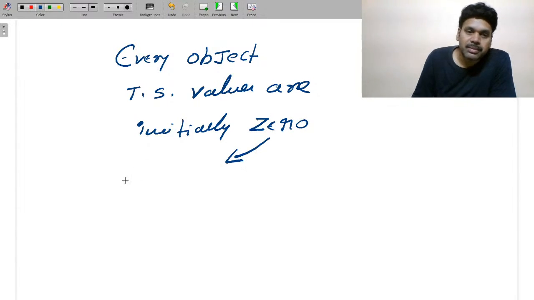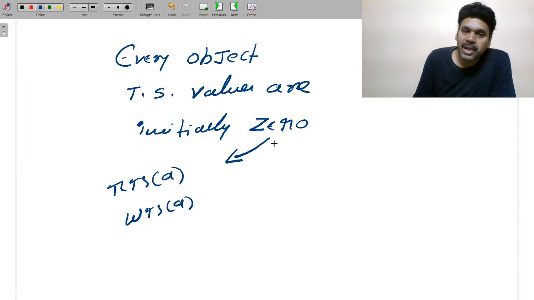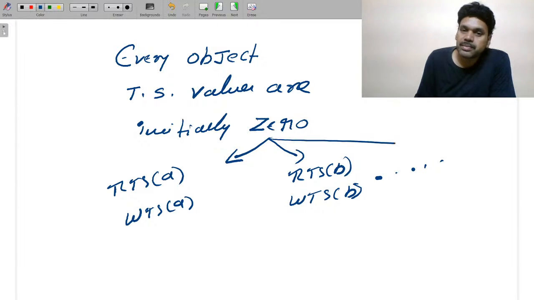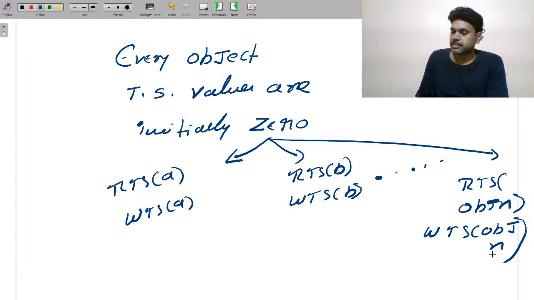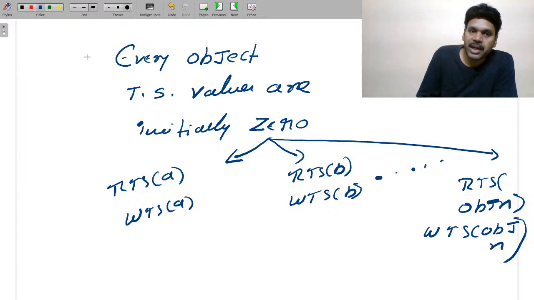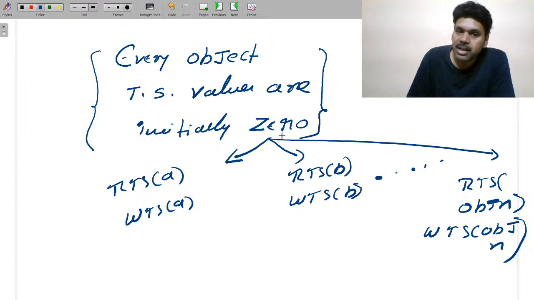This is applicable to RTS of A as well as WTS of A, RTS of B, WTS of B, and so on, up to RTS of object N, WTS of object N. Okay? Unless and until the examiner specifies otherwise, please observe this rule carefully: all the default values are initially zeros only.